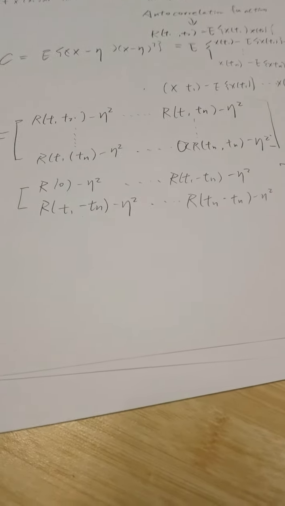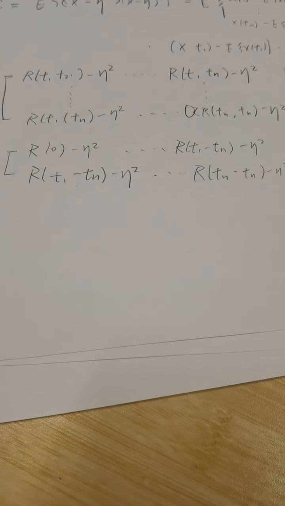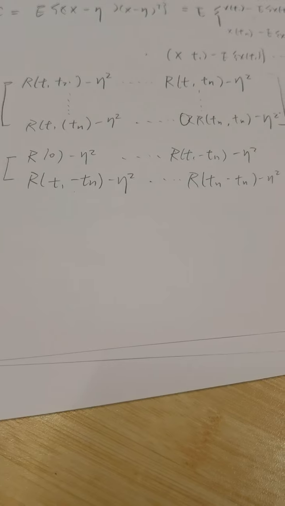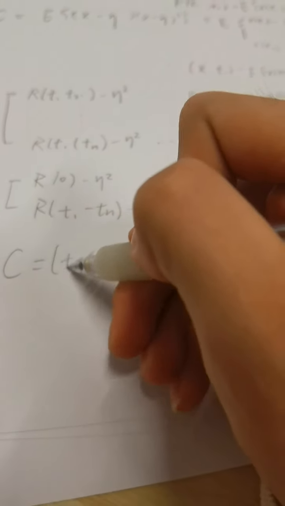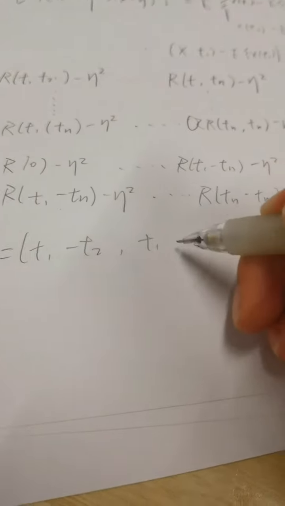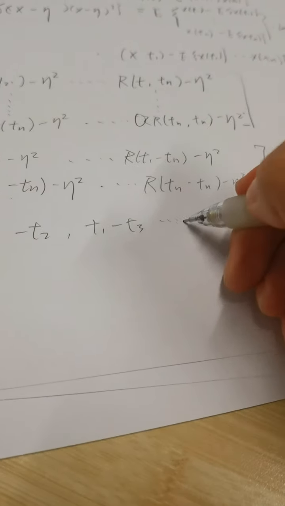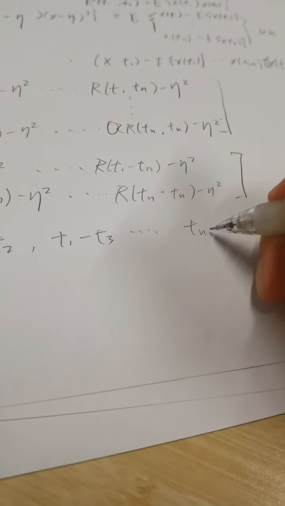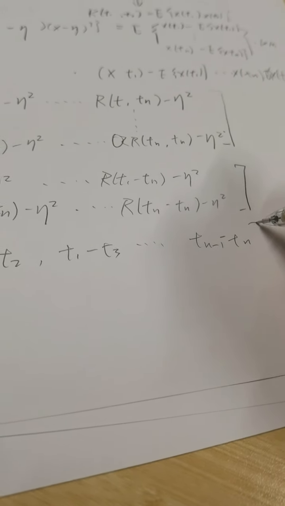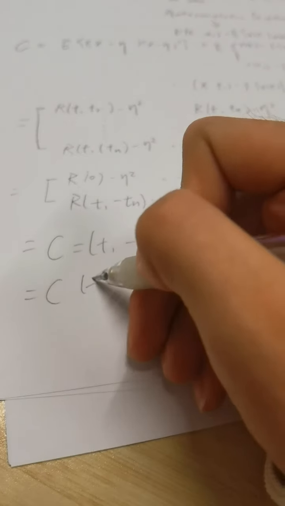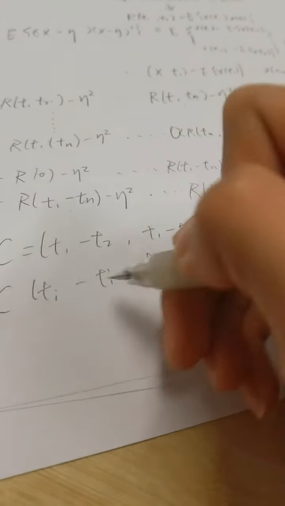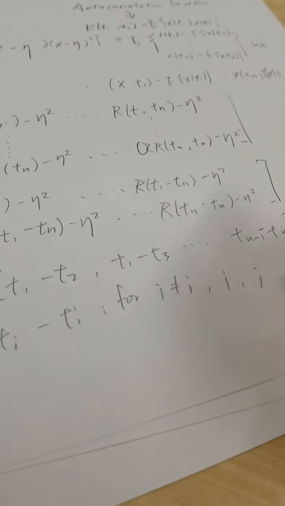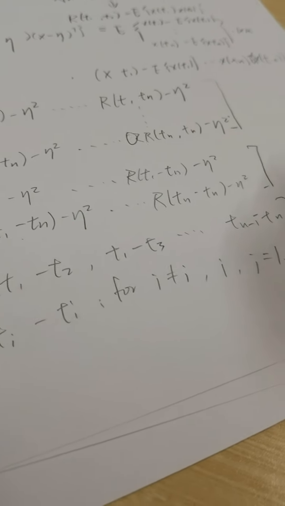This is equal to a function of C, which is C with entries T1 minus T2, T1 minus T3. Because we use the matrix, we can calculate this out, up to Tn minus 1 minus Tn. And this part is Ti minus Tj for i not equal to j, with i, j equal 1 to n.